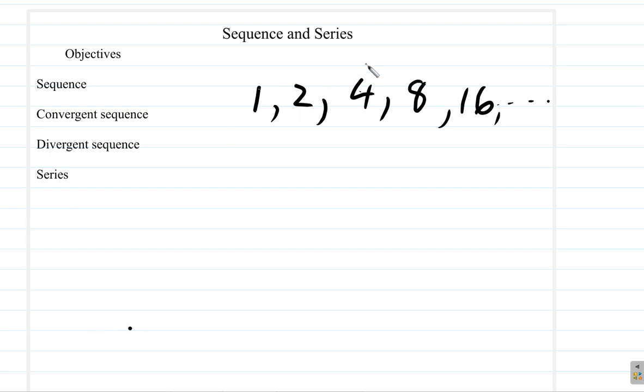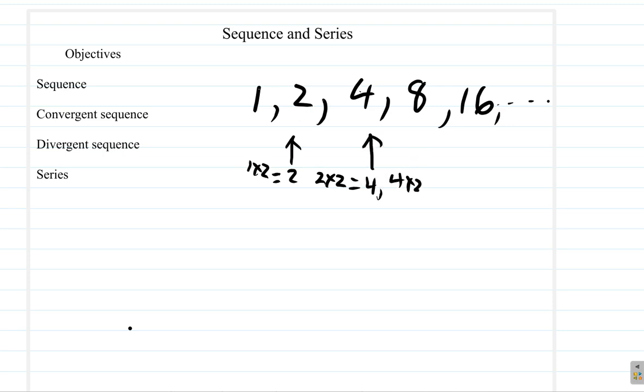So remember, each number, we call it a term. We have the first term, which is term 1, the second term, which is term 2, the third term, which is term 3, the fourth term, term 4, the fifth term, term 5, and so on and so forth. Now, here, it seems as if you multiply each term by 2 to get the next term. So 1 times 2 gives you 2. This 2 times 2 gives you 4.